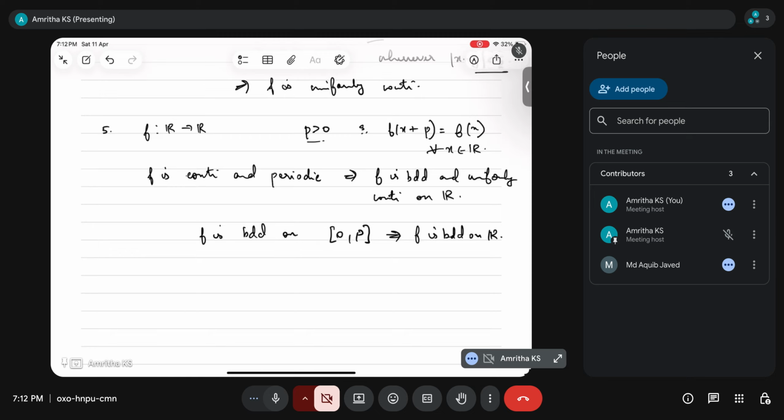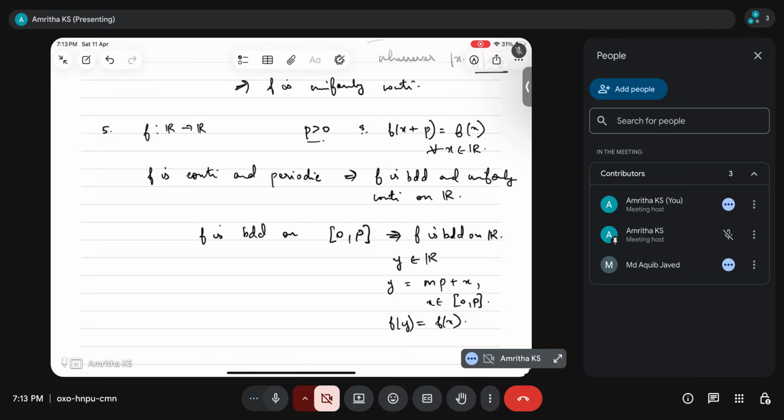Right? Because if I take any y in R, then y can be written as some m times p plus x, where x belongs to this interval, right? Then f of y is just f of x, and that is bounded, right?